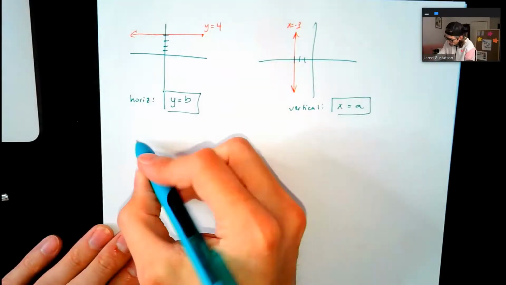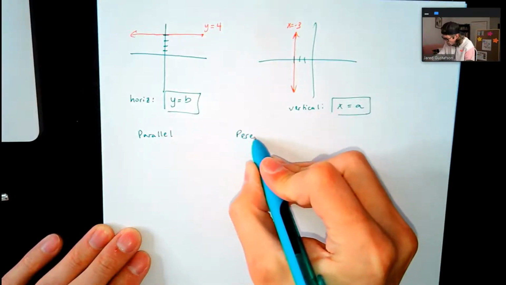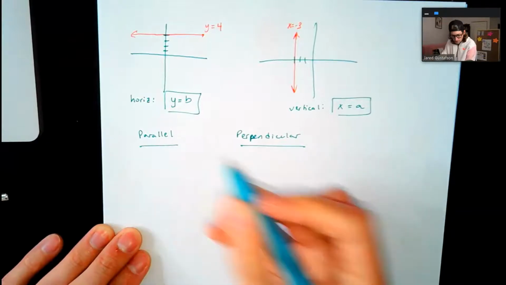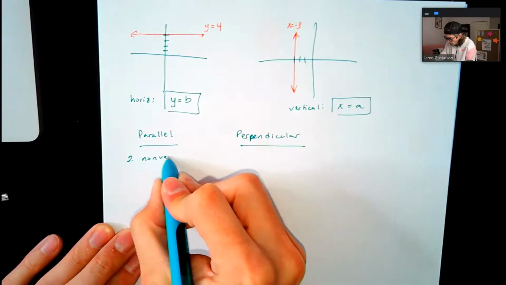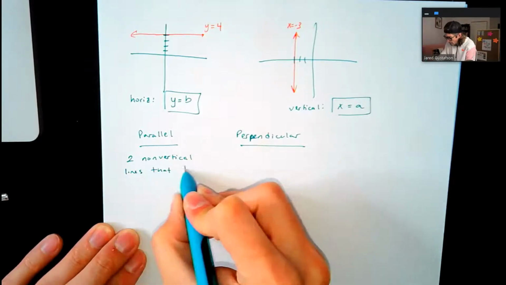We've talked about parallel lines already a little bit. Let's talk about the difference between parallel and perpendicular lines. Parallel lines: two non-vertical lines that do not intersect.